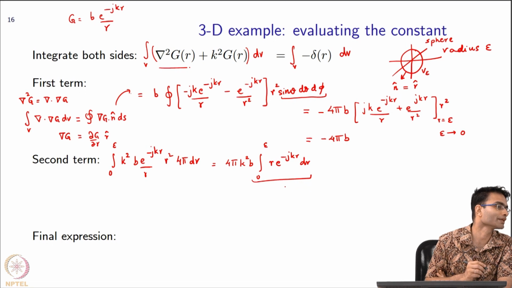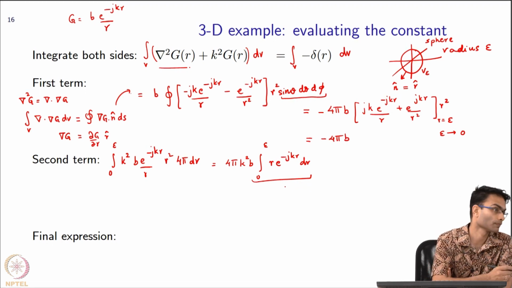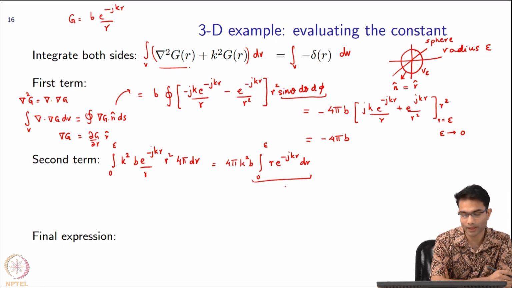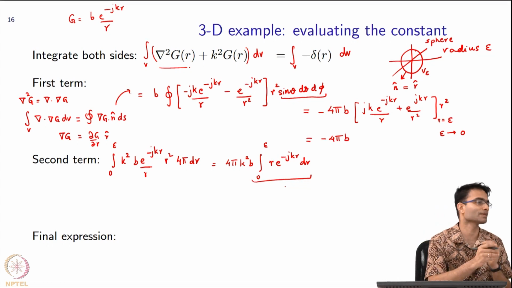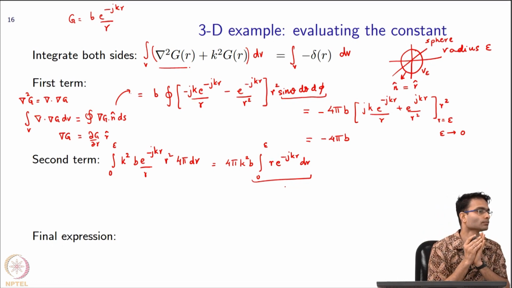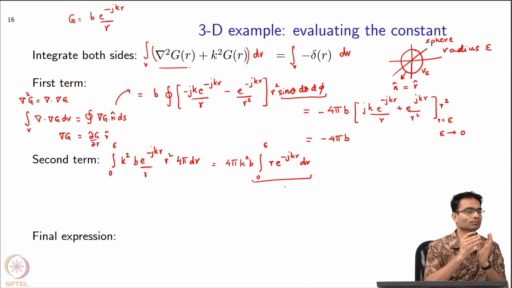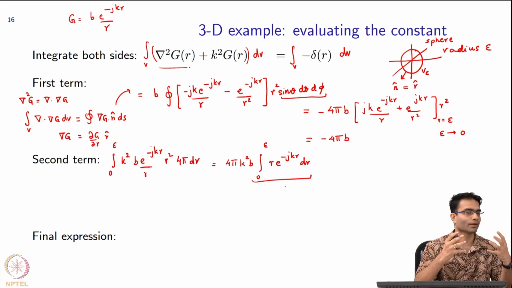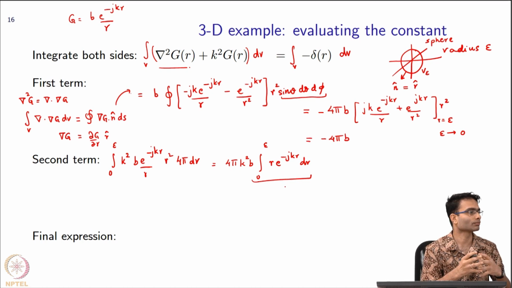Yeah, the mod of the integrand is going to be r, and then going to integrate from 0 to epsilon, but epsilon will be 0 again. Another way of seeing it is that the integrand is always finite, and I'm integrating over a volume, so I'm going to get some finite quantity multiplied by the volume at best, and that volume is shrinking to 0.